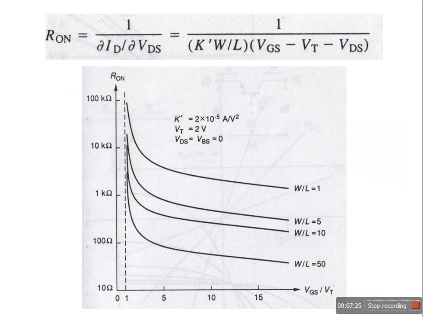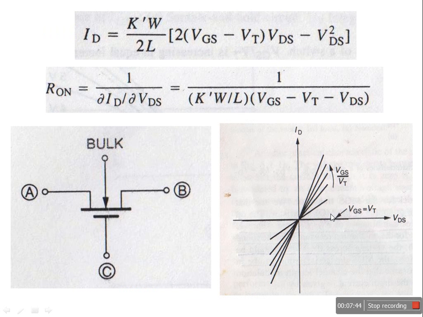Now this is the R on resistance, and it depends upon the value of W by L, VGS and VDS. We have already discussed that at a higher value of VGS the current will be large and the resistance will be lower.